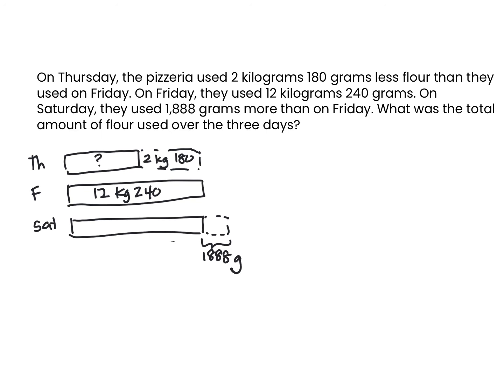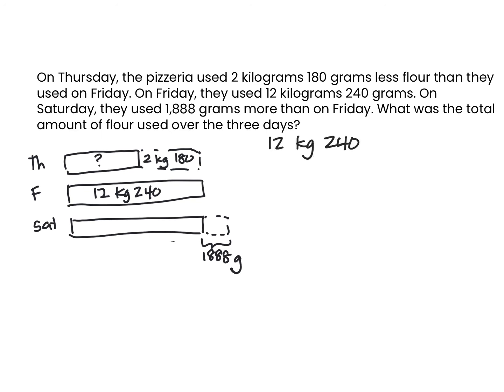On Friday, they used 12 kilograms, 240 grams. So let's figure out what they used on Thursday. On Thursday, they used 2 kilograms, 180 grams less than they used on Friday, which means that we're going to have to subtract. So we're going to start with our 12 kilograms, 240 grams, because that's Friday.